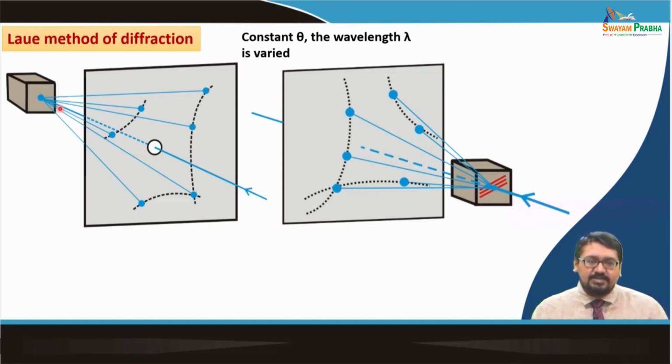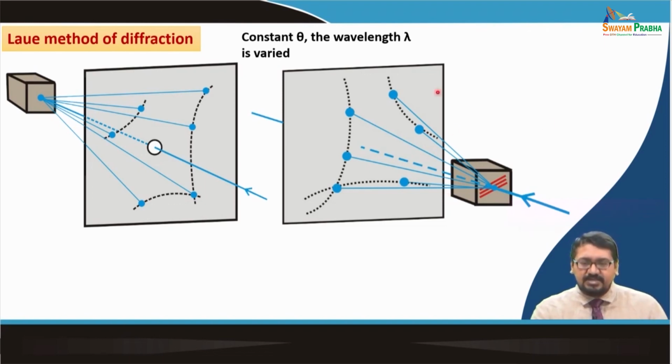In this way, both in the reflection mode and in the transmission mode, different HKL planes could diffract at the same theta angle, because the wavelength lambda of the X-rays is varying, and at some wavelength it will support Bragg's law.